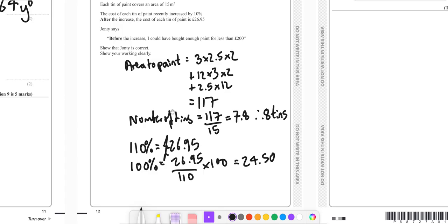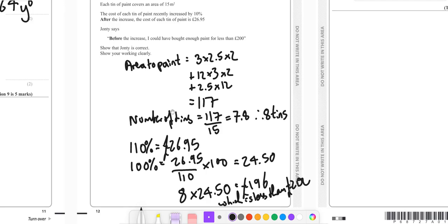So 8 tins, 8 times 24.50 is £196, which is less than 200.